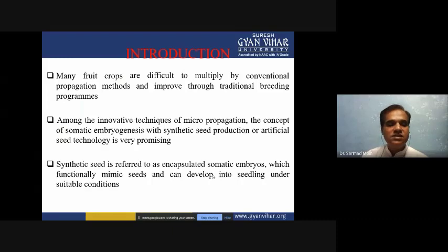These artificial seeds we can utilize to produce plantlets in laboratory conditions.